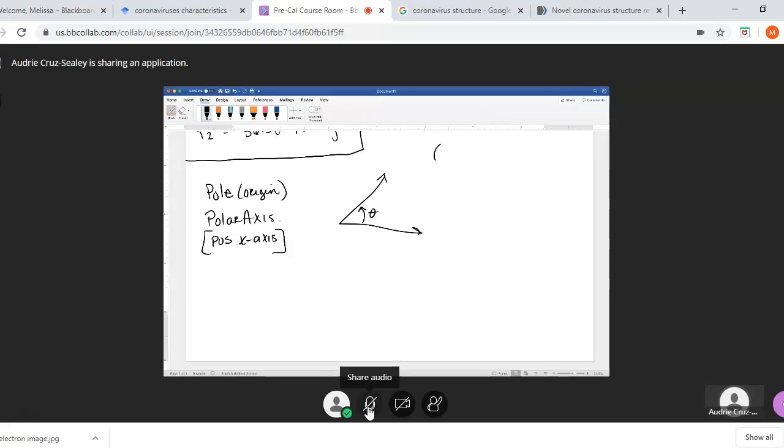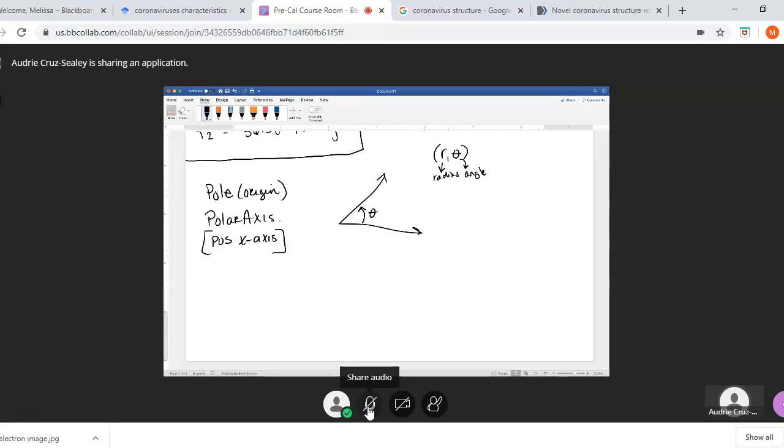All of your points that they give you are going to be r comma theta, where r, of course, tells you the radius of your circle, because we're no longer doing just the unit circle. Your radius can be however long I want to make it. And then, of course, theta is the angle that you travel. Is that okay?